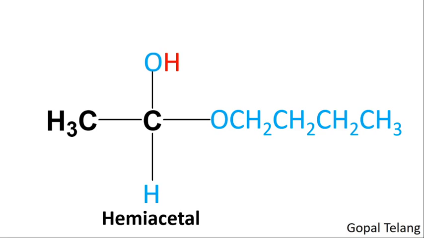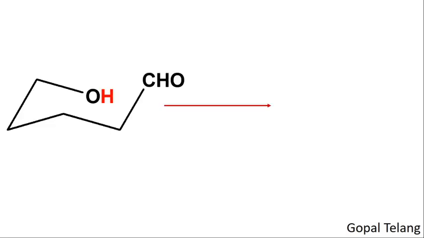So this is the hemiacetal. Now another example: this compound, when treated in acidic medium, remember, contains an OH group as well as an aldehyde group. Both the groups required for the formation of hemiacetal are present in the same compound.